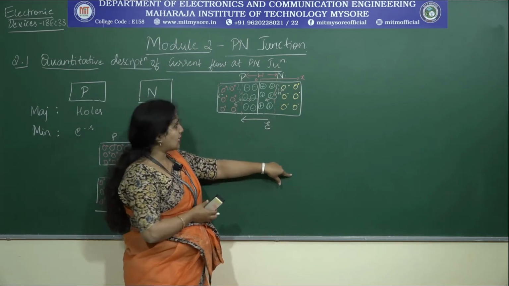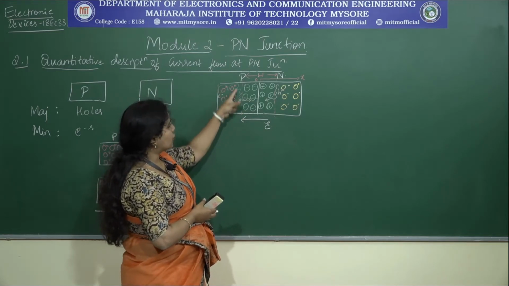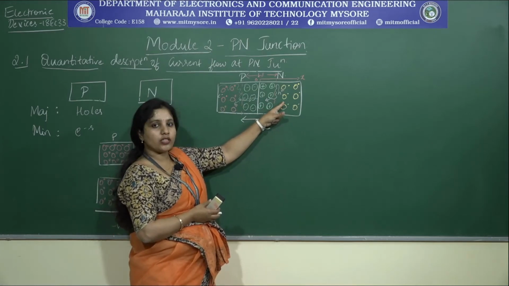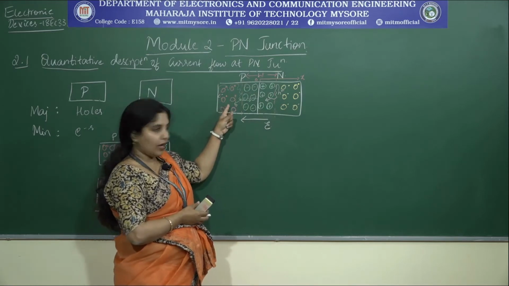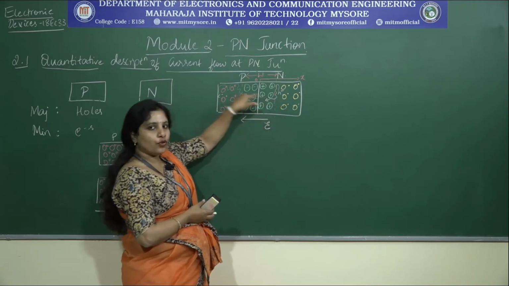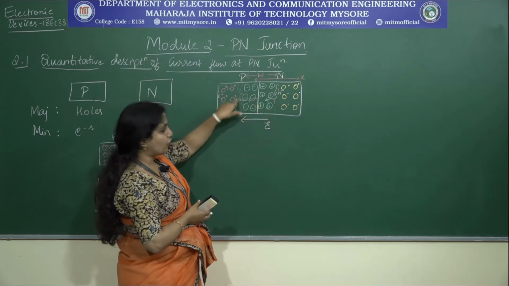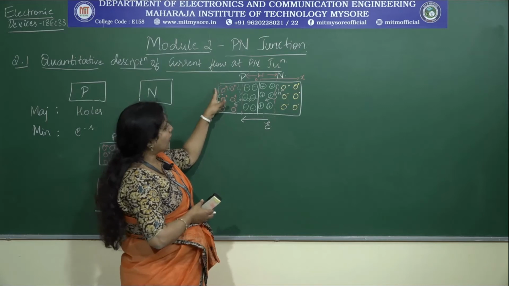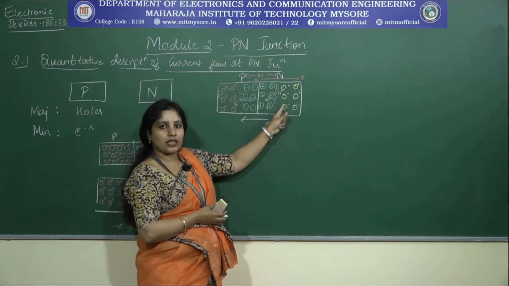That means however many electrons get drifted towards the N region, the same number of electrons get diffused from this region to the P region. I repeat, the electrons which were majority carriers here tend to get diffused to the p type, right? So however many electrons diffuse to the p type, the same number of electrons present here get drifted towards this n region. That's how it is getting compensated.